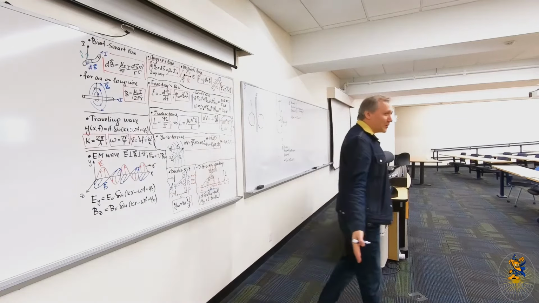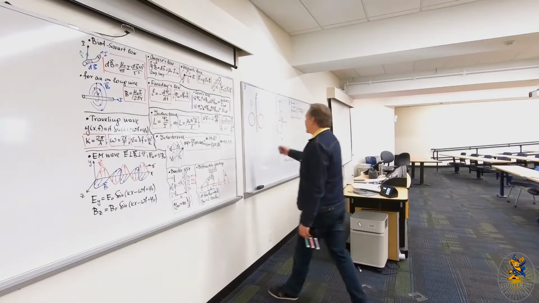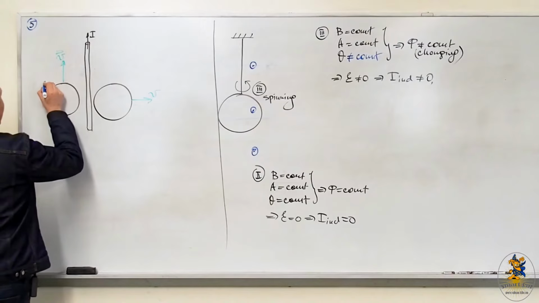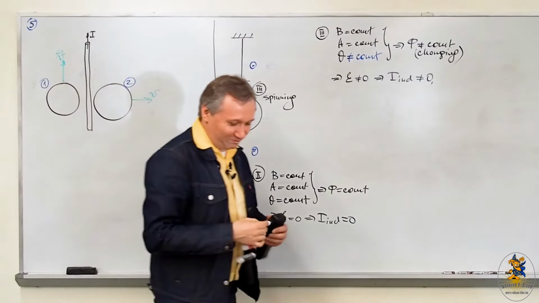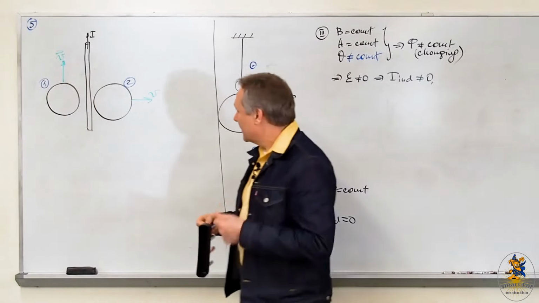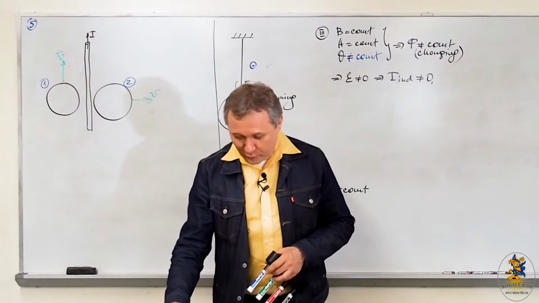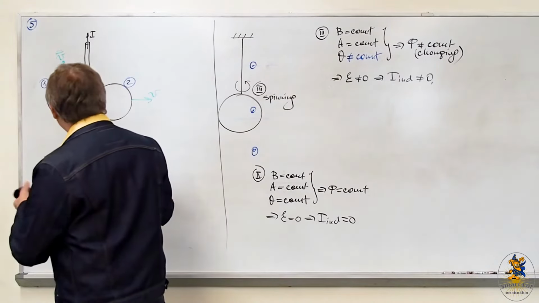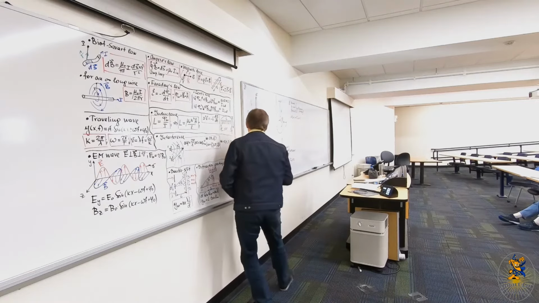Because A we usually use for the area vector, B is for the magnetic field. There's the same symbol for different quantities in the same problem, that's too much. So let me show that this is situation number 1, and situation number 2 is loop number 2.